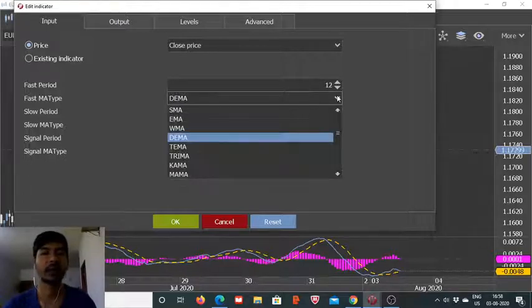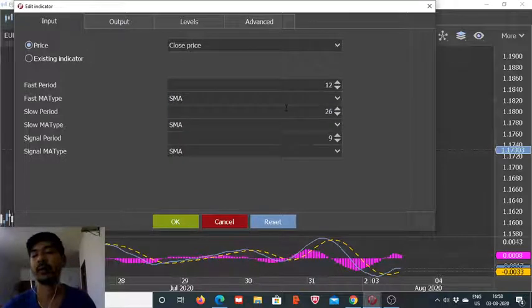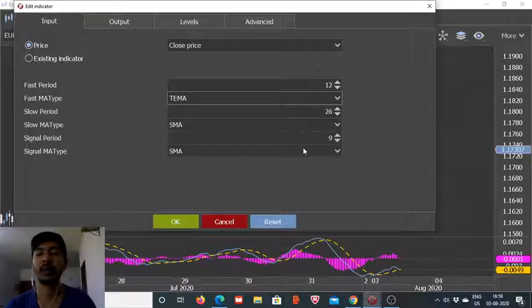As soon as I changed it to double exponential moving average from SMA, it moved backward. Now it has come forward. So these curves are happening later in case of SMA, and they happen faster in case of DEMA. If we use DEMA again, it has less lag compared to the SMA.